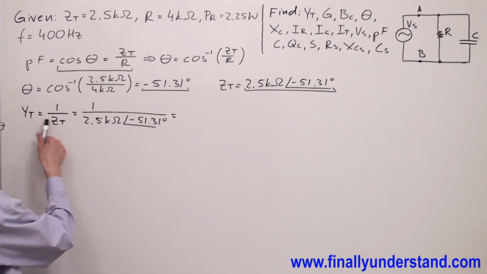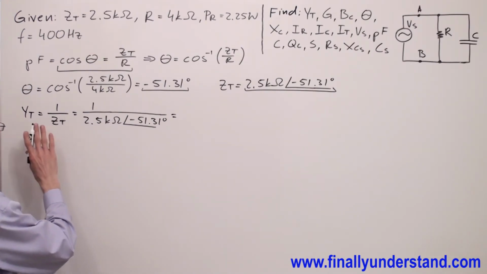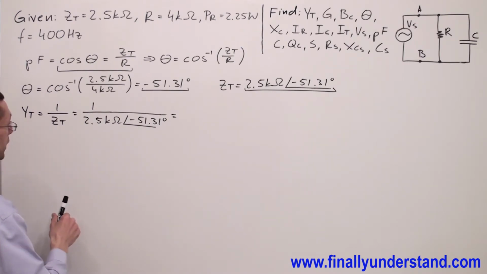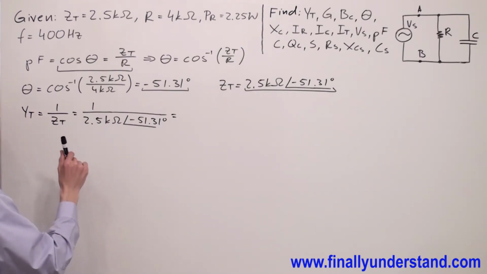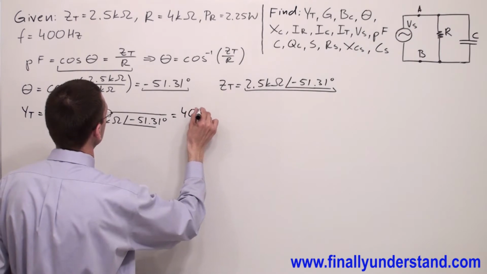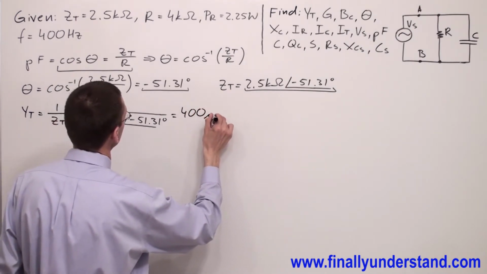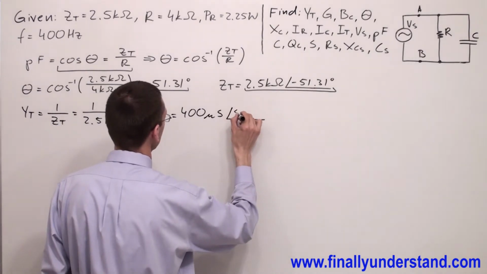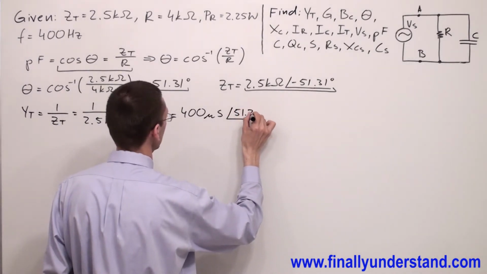But if you write the formula first, you are going to have a very good note to review and you are going to pass every single test. So I have Y total equal to 400 microsiemens and angle of 51.31 degrees.